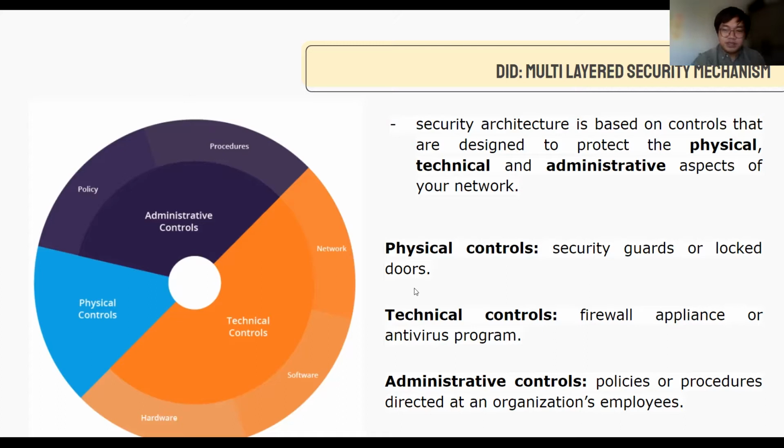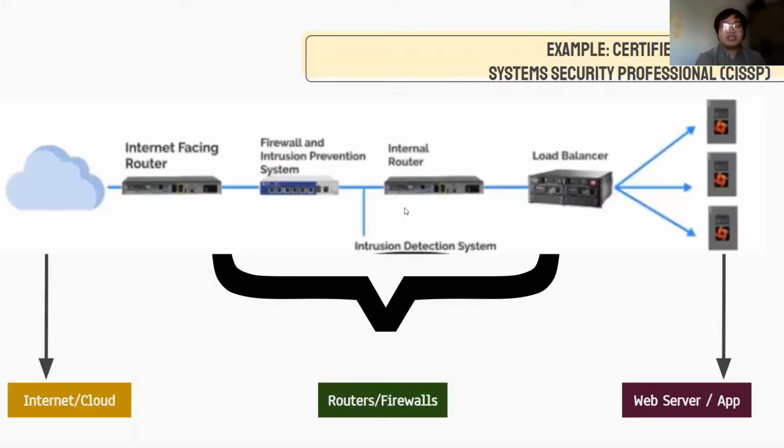All right. So let's take a look at an example coming from the Certified Information Systems Security Professional. So this is known as CISSP. So if I am a user, I will actually have to conduct a web traffic before I could access the application. And this has to go through all these devices.